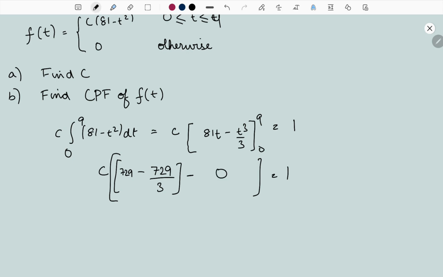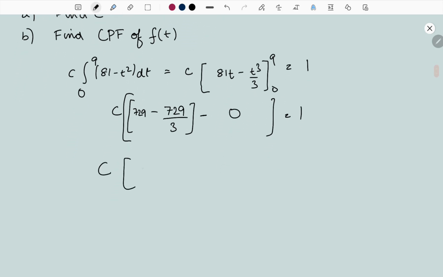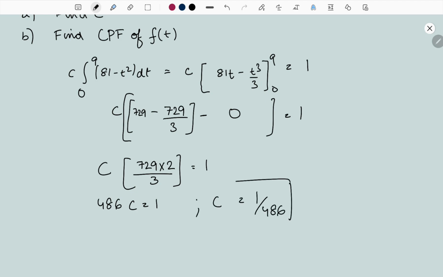So we just get c into 729 into 2 by 3, which is 729 into 2 divided by 3, equal to 486. So c times 486 equals 1, and c equals 1 by 486.